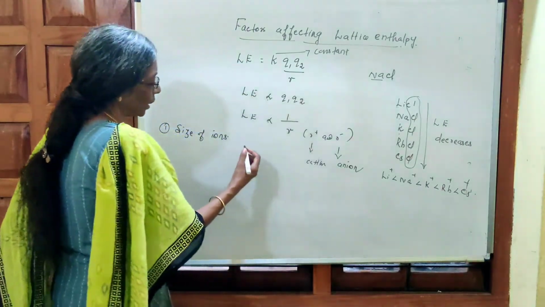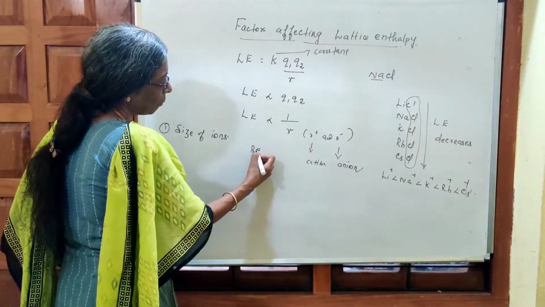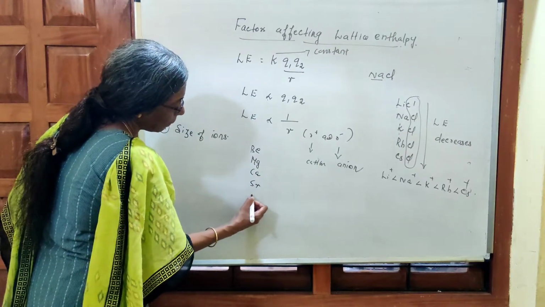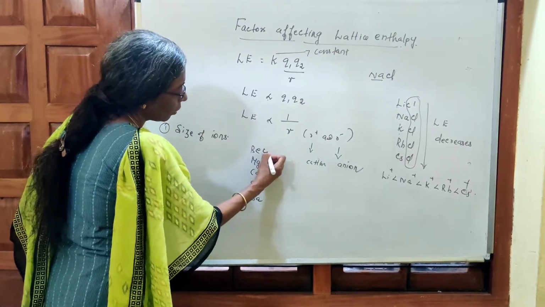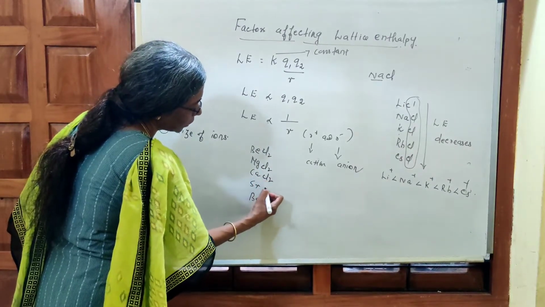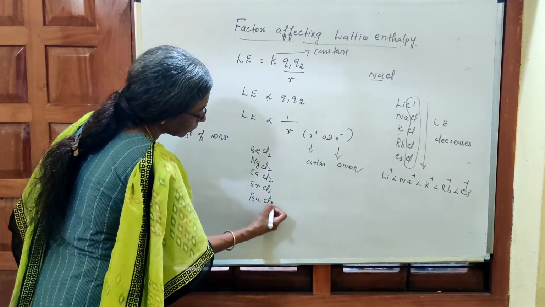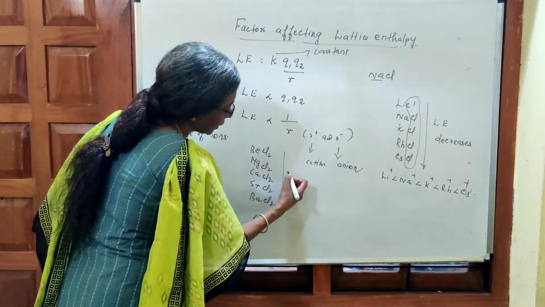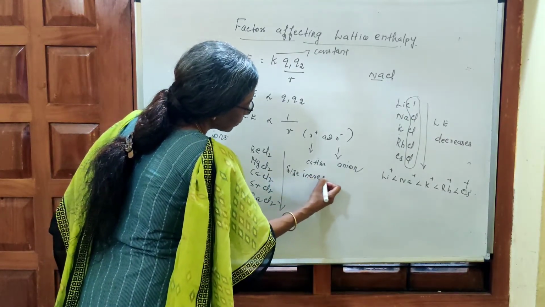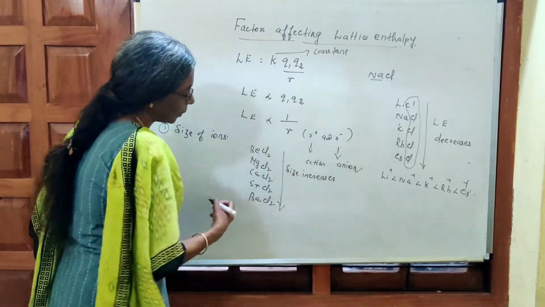Next group: beryllium, magnesium, calcium, strontium, barium, here chloride, Cl2, Cl2, Cl2. Here also the size increases. So what happened?